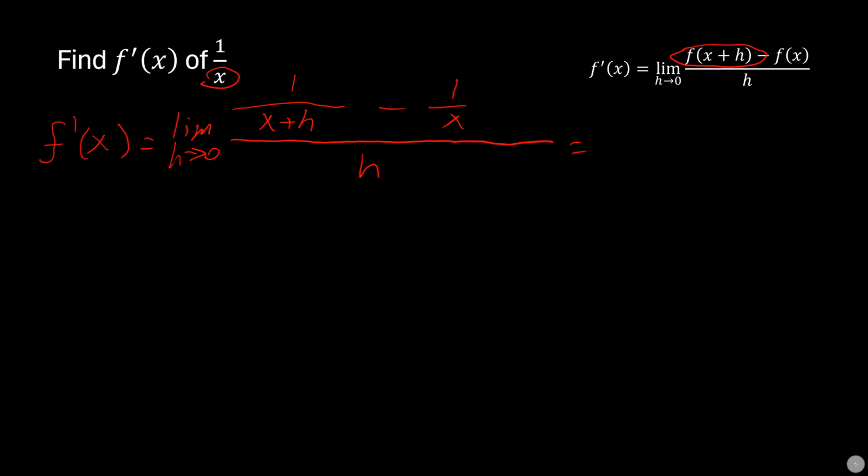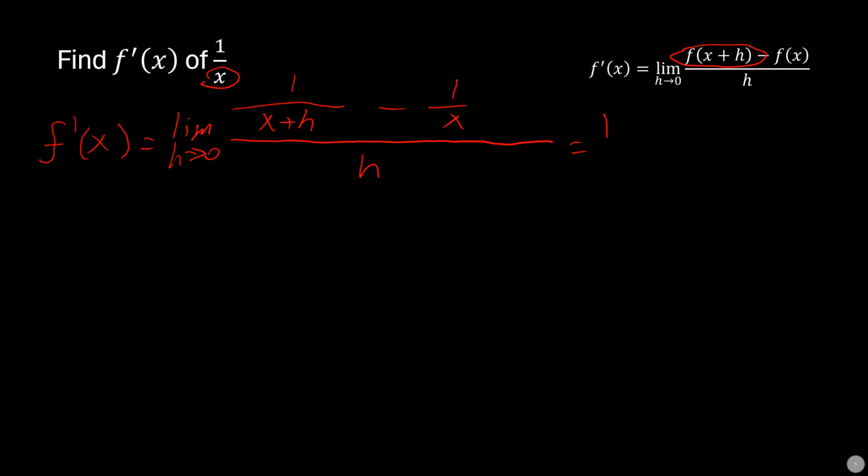Once we get to here, because this numerator looks messy, I would multiply each side by each other's denominator, essentially to get a common denominator so we can subtract.